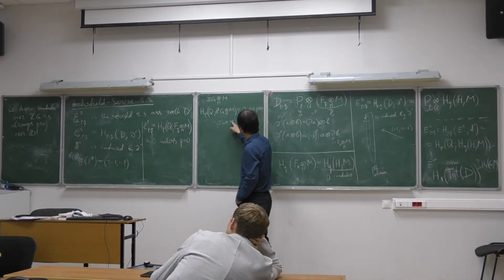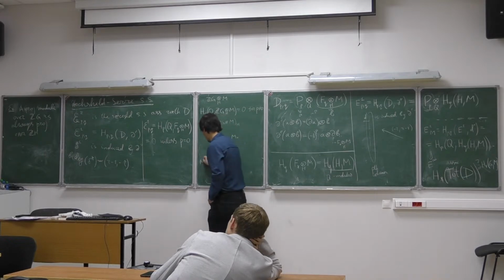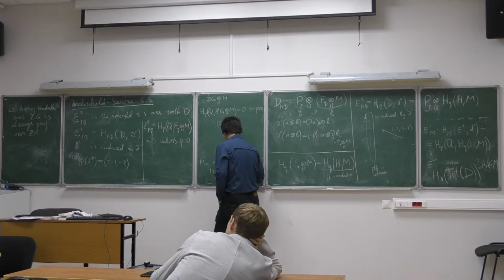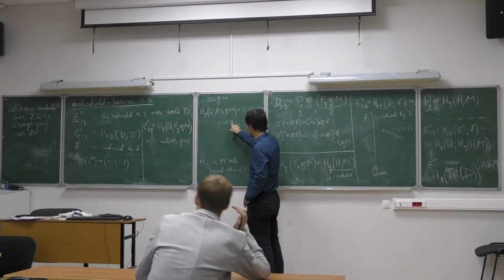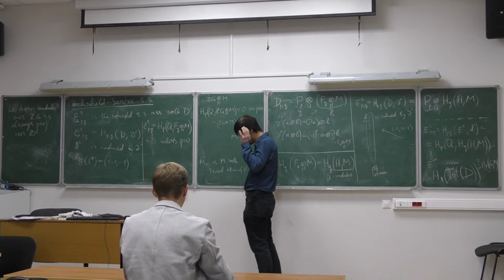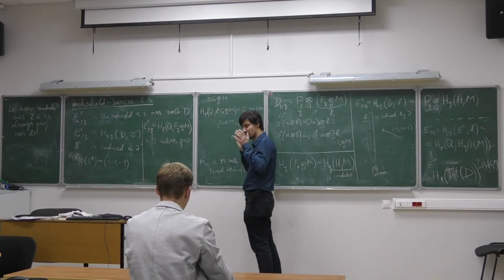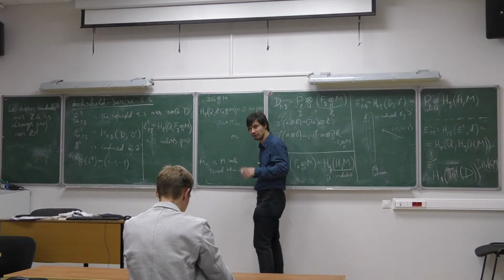Let us consider the module M0, which is the same abelian group as M, but with trivial action of H. We have some action of H here, but we artificially consider the same module with trivial action.